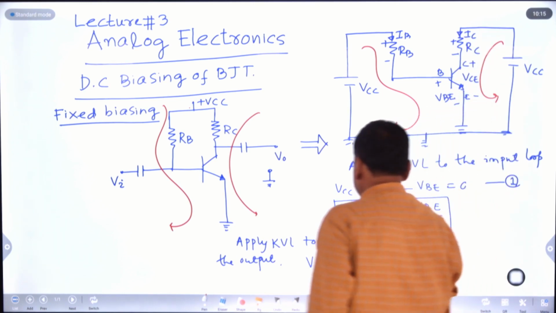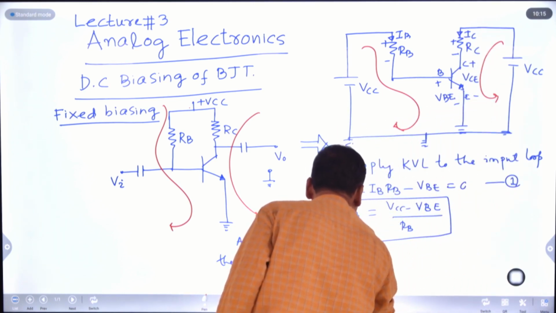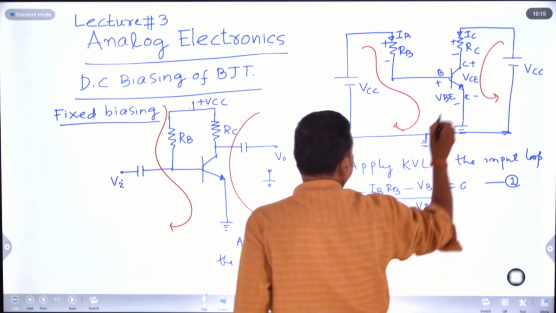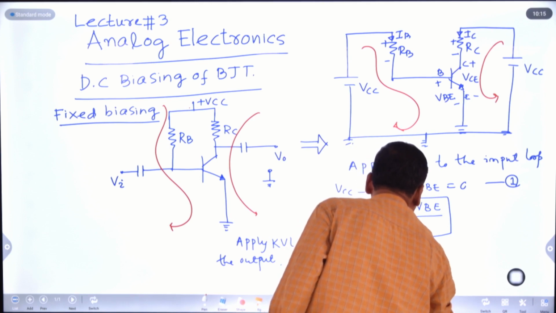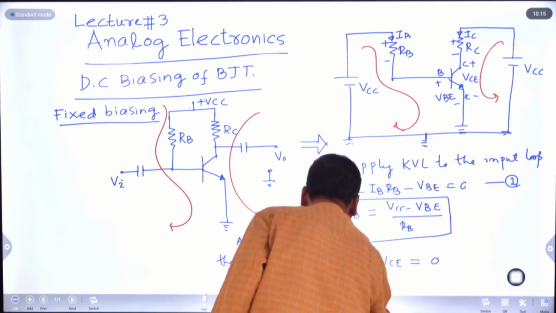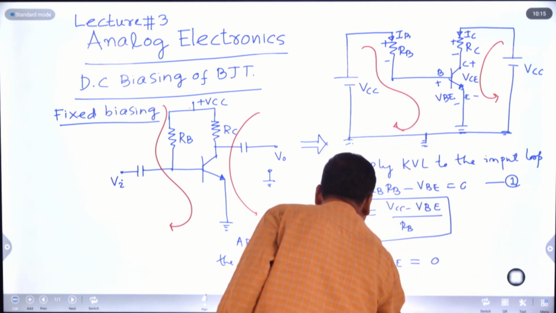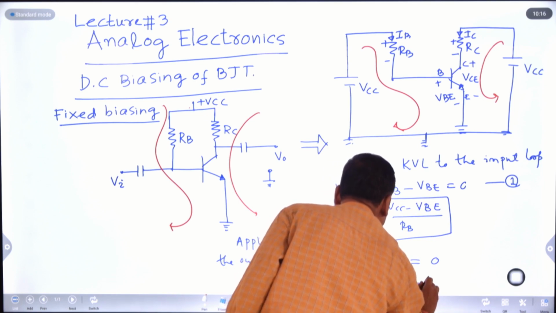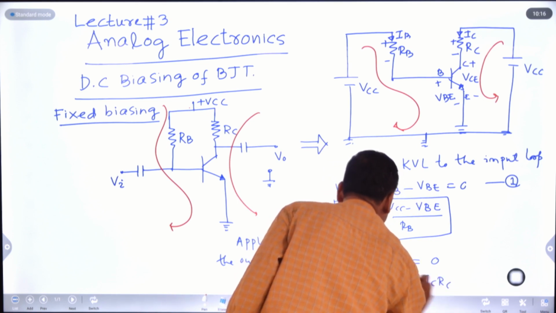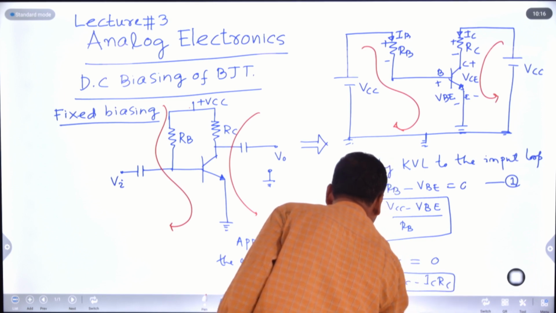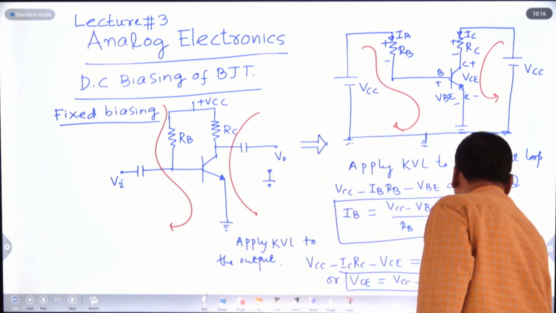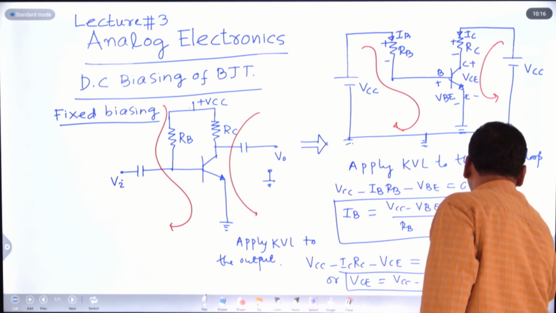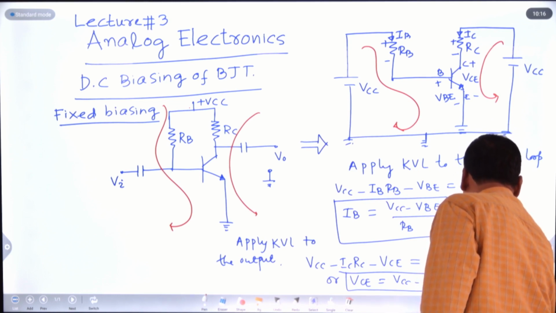So minus IC into RC, then plus to minus, minus VCE equal to 0, or VCE equal to VCC minus ICRC. This is my equation. Let this be your equation 2 and this your equation 3.